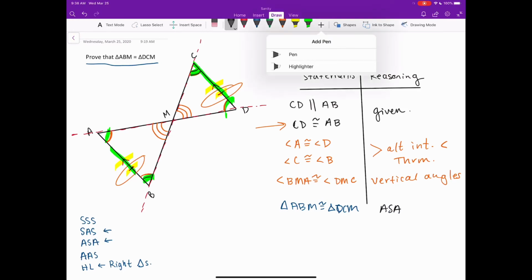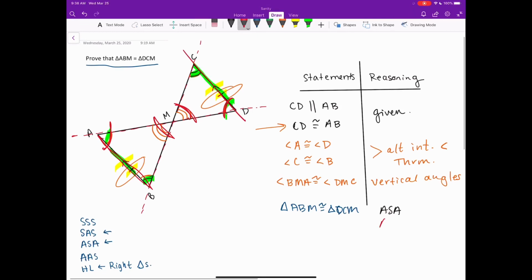You could even say by angle, angle, side, right? Here's my side, here's my angle, here's my other angle, my angle, and then my side. So we can say this by angle, angle, side.